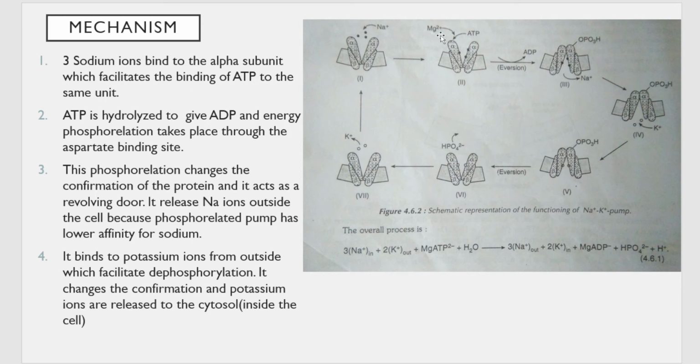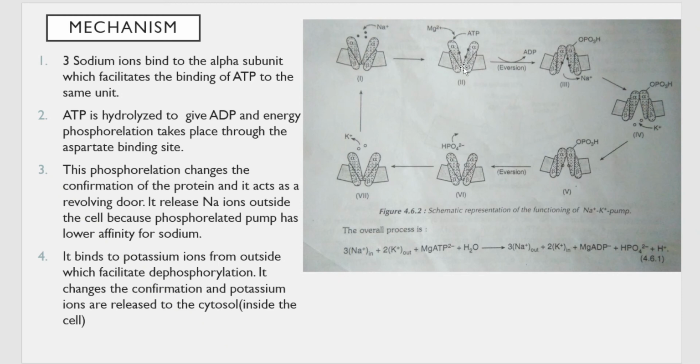Next, the Mg2 plus ion plays a very important role in ATP coming and binding to the ATP binding sites of the alpha subunit. Next step, ATP is hydrolyzed to give ADP, and energy phosphorylation takes place through the aspartate binding site. Phosphorylation is the phosphate group going and attaching to some organic molecule.